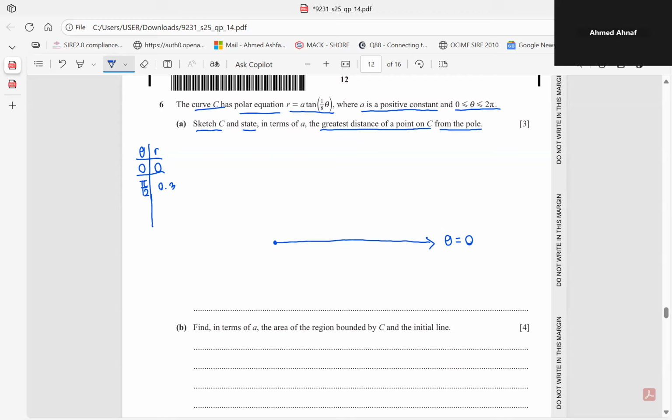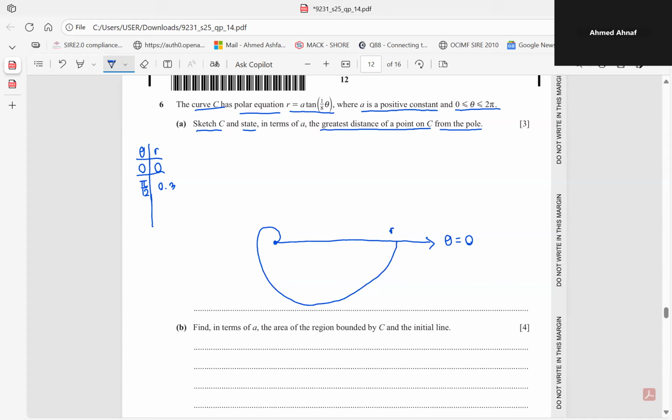So basically the distance from the pole increases as the value of θ increases. θ is the angle between the line from the point to the pole and the initial line. So it's basically going to be like this. This could be an accurate sketch, but let me try drawing it again. Start off very small and it will just increase like this.